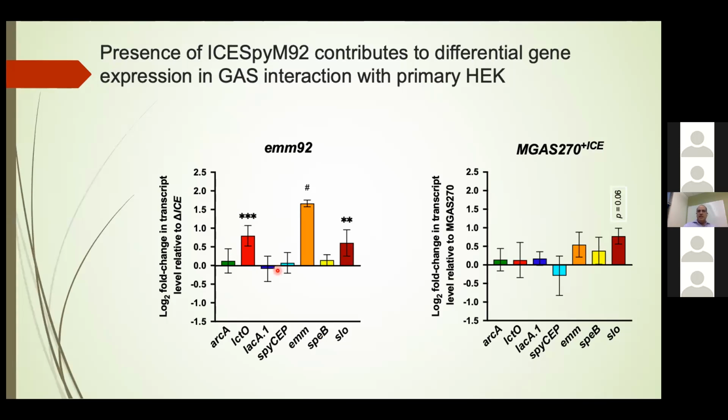So we only see significant differential expression in the M92 background, not in the MGAS270 background, with the potential exception of SLO, which, though it shows a trend for enhanced expression in the presence of ICE-Spy M92, wasn't statistically significant.